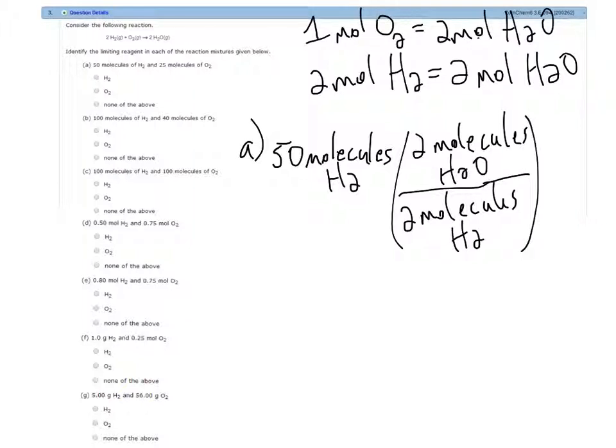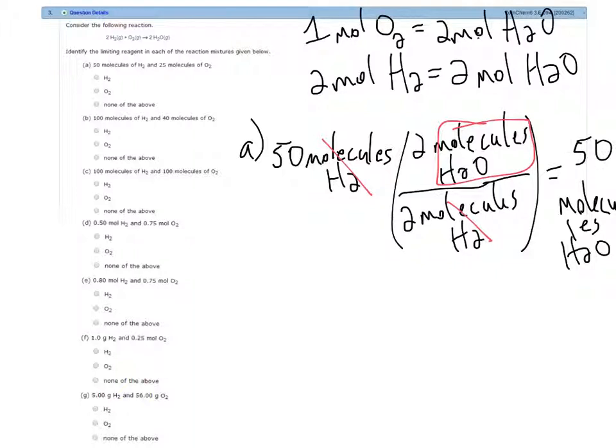And so if I look at the units as they cross out, molecules of H2 crosses out and we'll be left with molecules of water. And since the lone product is the water, that's what we're interested in. So 50 times 2 over 2 will give you 50 molecules of water.